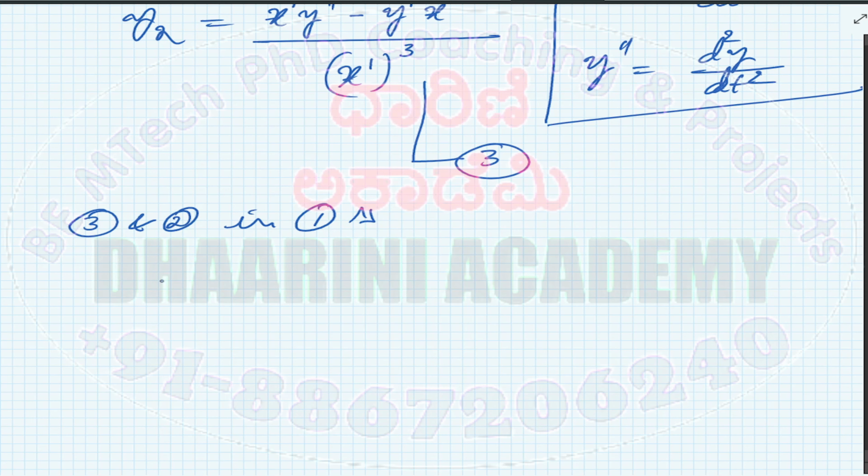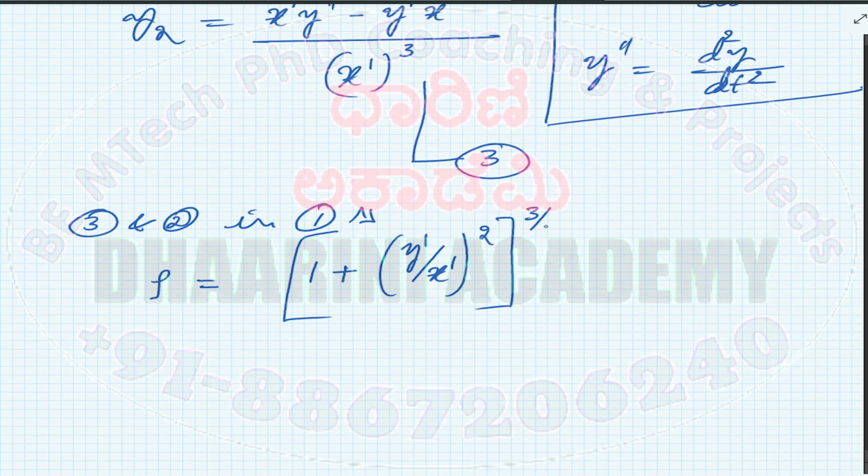Okay, so that is rho is equal to, see the numerator is 1 plus y dash square. So y dash is just now calculated, that is y1 is y dash by x dash, that's why it's a square, whole raised to the power 3 by 2.